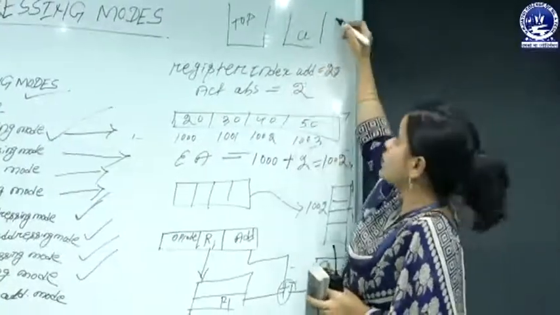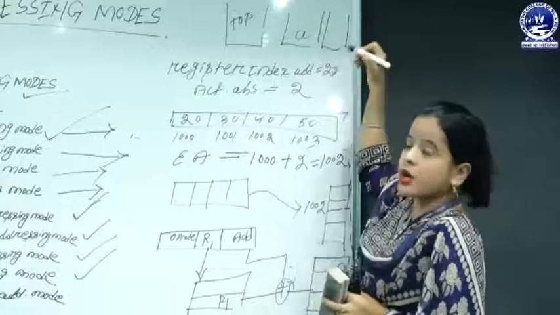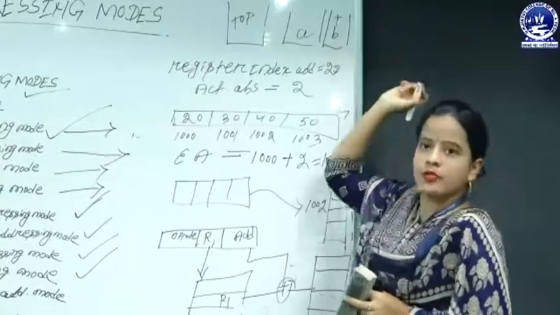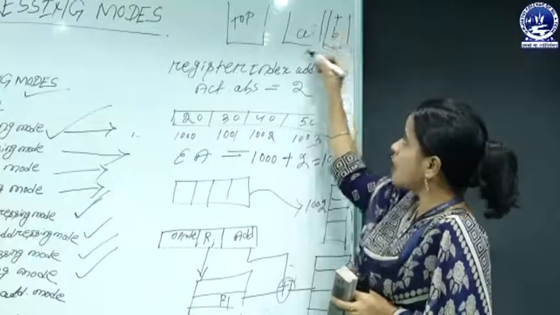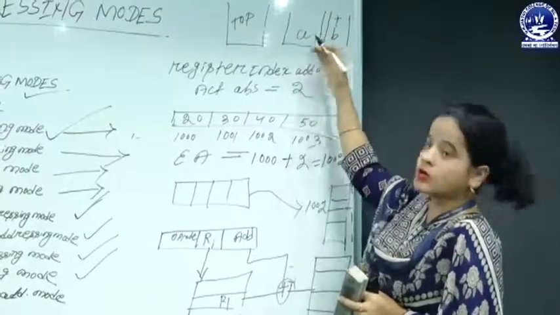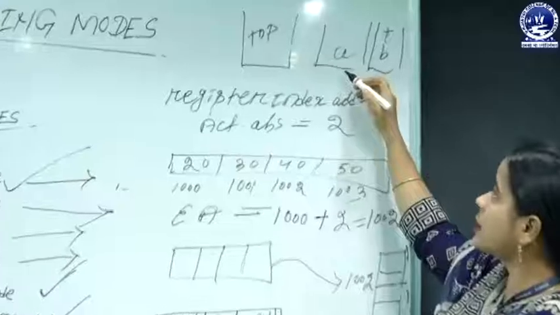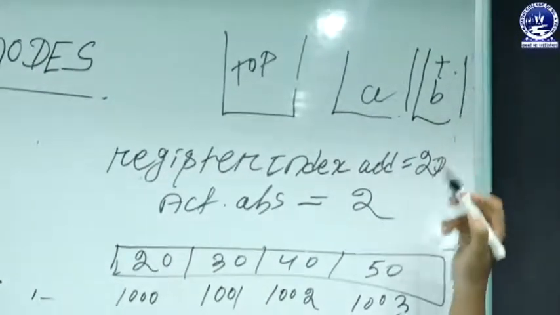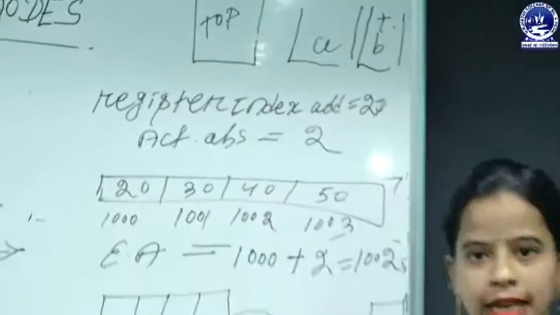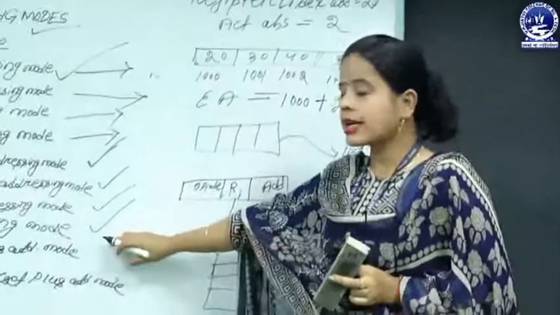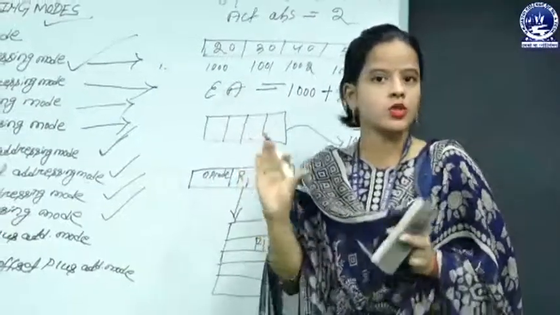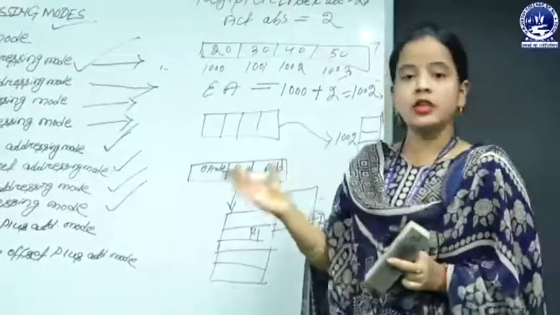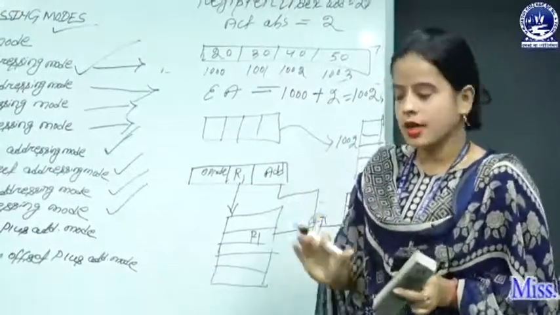After that, we load another operand, B. Then we provide the plus symbol. Now the stack pops out both operands, A and B, and combines them with the opcode plus, produces the resultant outcome, and the operands are eliminated. So in stack addressing mode, it always provides one address space where the current execution data is stored, called the top of the stack.